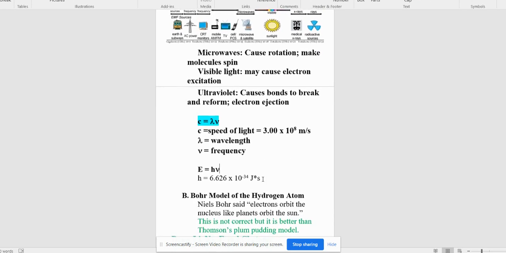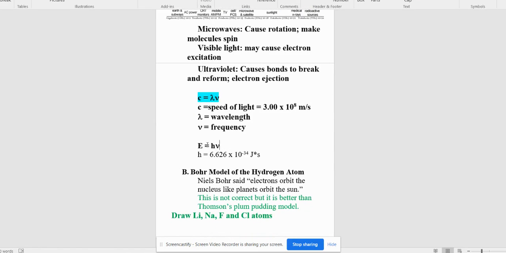Okay, a second equation that we can use is to calculate the energy of a photon of light. And we're going to use Planck's constant, which is this number right here, joules times seconds. We're going to multiply that by the frequency, which is measured in hertz or per seconds. And that's going to tell us how much energy is in the photon.